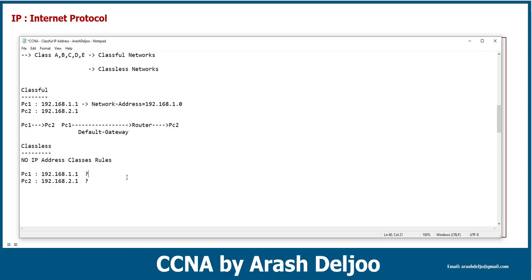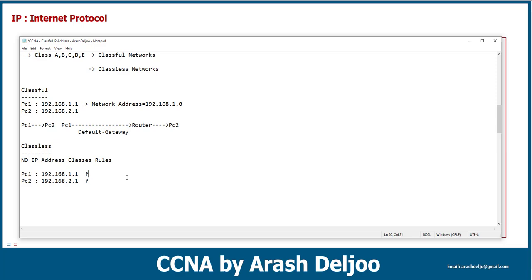In classless networks we don't have the IP address classes rules, so how can PC1 identify that PC2 is residing in its network, and if so, forward traffic directly to PC2, or that PC2 is residing in another network and PC1 must use the router or default gateway to send traffic to PC2? This is the problem we need to solve.